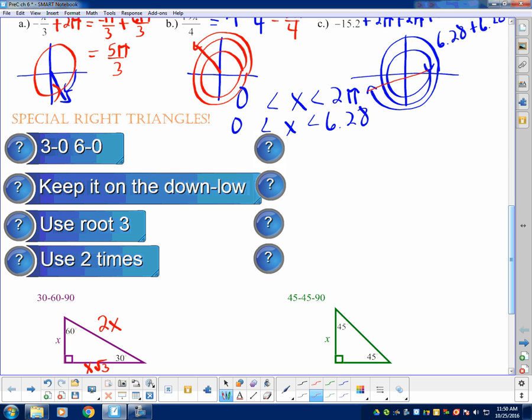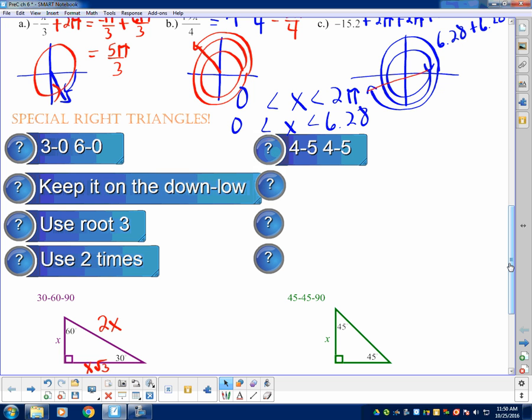So the 30-60 is the one that has the root 3 in it, and also has the double the shortest side. So do you remember this ratio? If I give you the shortest side, if I say the shortest side is 5, hypotenuse is 10, the side opposite 60 is 5 root 3.